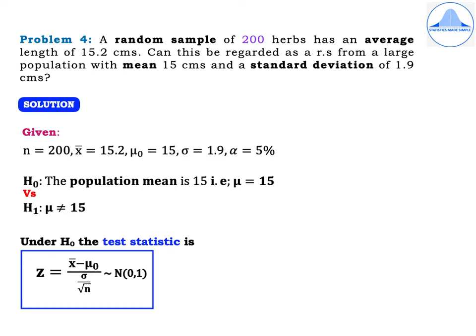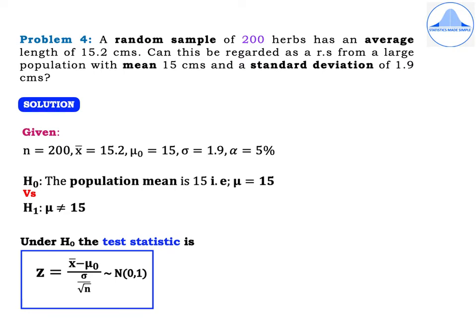I had told you that you require 4 values, and the 4 values are n, x bar, mu naught, and then either sigma square or s square or sigma or s. Now we need to find out the other two values. So if you continue reading the sentence, they have said that can this be regarded as a random sample from a large population with mean 15 centimeters.